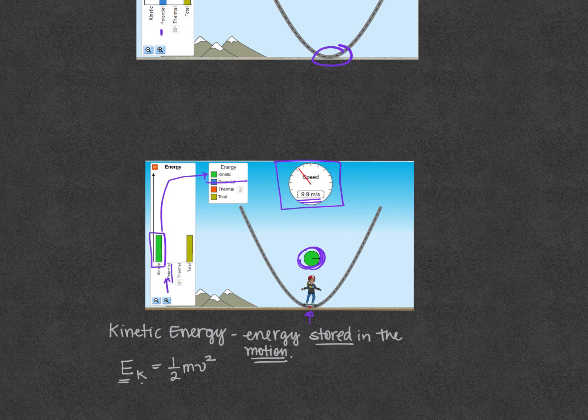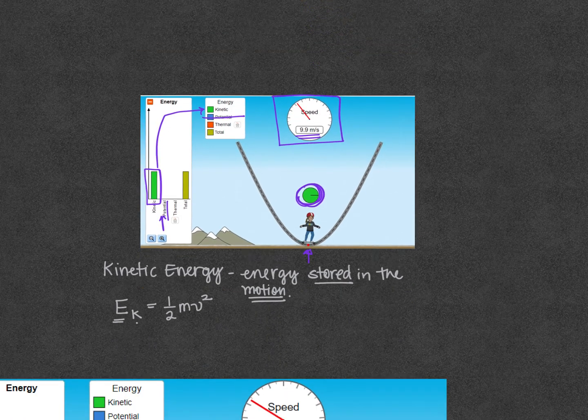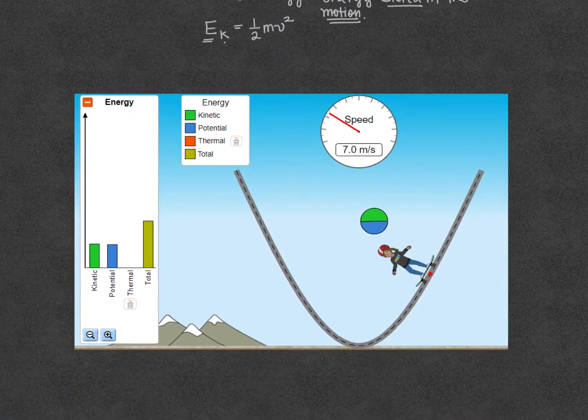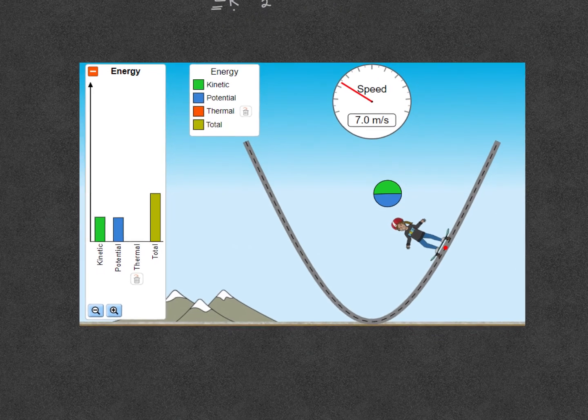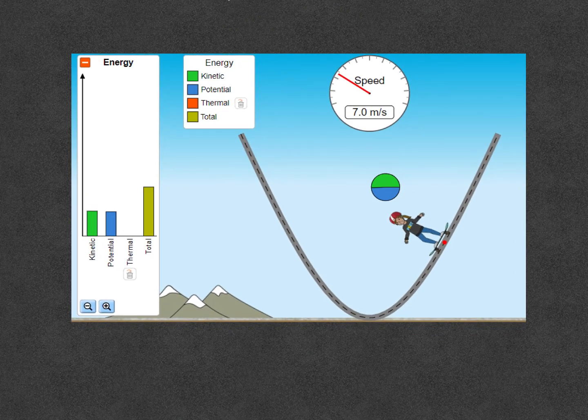Now, once she's moving very fast through the bottom, she has energy, and as she goes up the other side, her kinetic energy will decrease because she's slowing down, but we'll see the gravitational energy is increasing because the skater gets higher and higher above the surface of the earth.